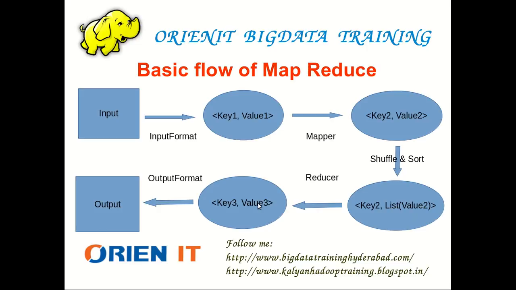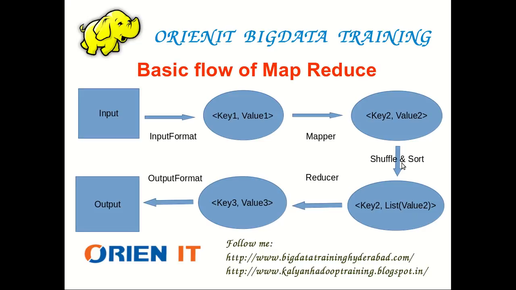And finally, who will take care of K3 V3 into your output is your output format. So these are the basic keywords everyone has to be clear on. What are the keywords involved here? Keys and values, input and output, as well as input format, output format, mapper, reducer, shuffle and sort.